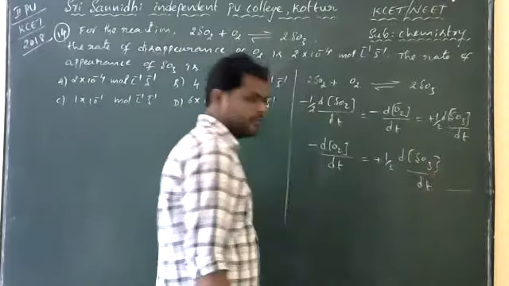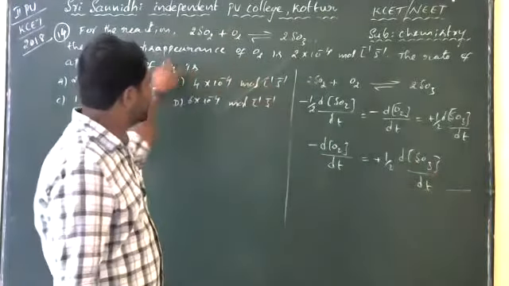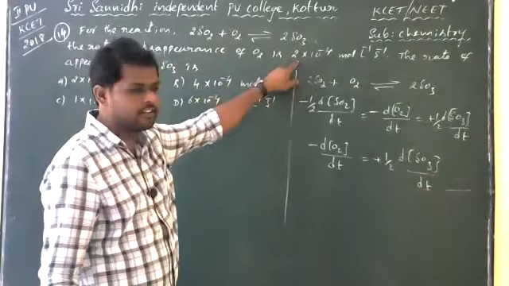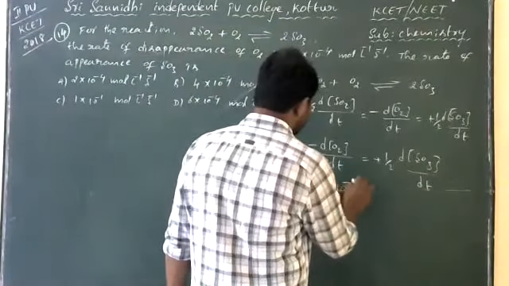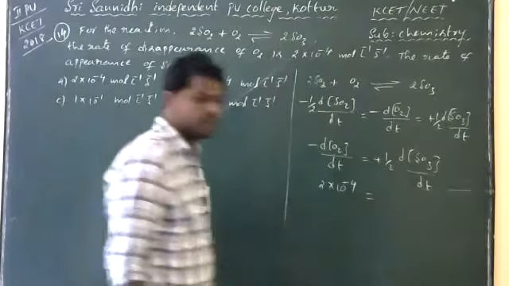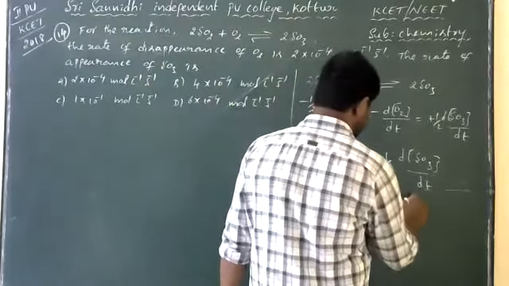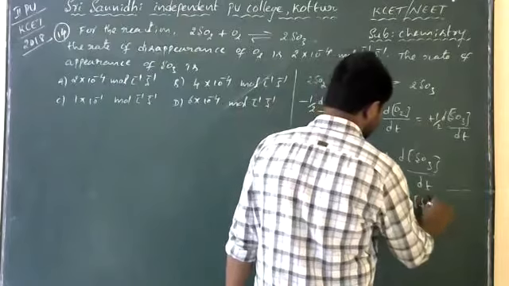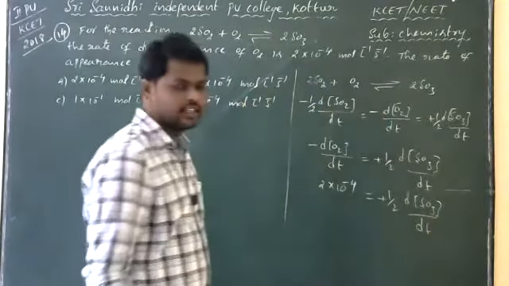The given rate of disappearance of O2 is 2 into 10 power minus 4 mole per liter per second, which is equal to 1 by 2 d[SO3]/dt, and this is the relation here.